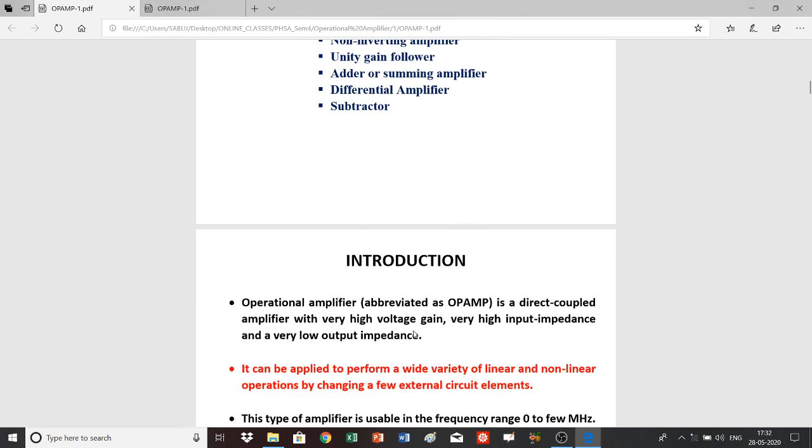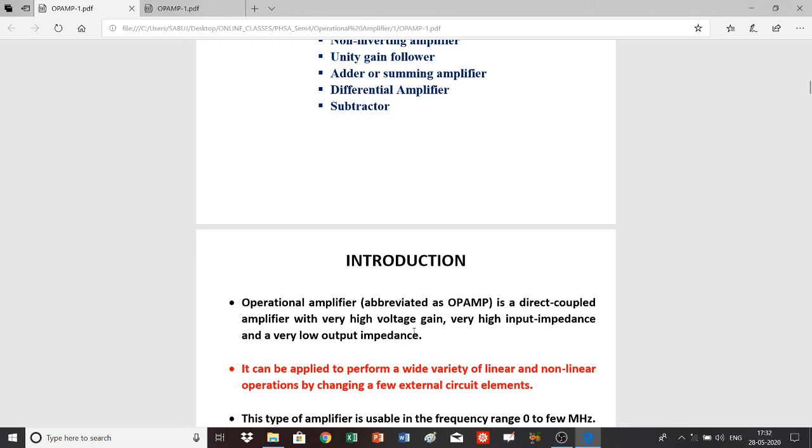Now, introduction section. Operational amplifier, which is abbreviated as OPAMP, is a direct coupled amplifier with very large voltage gain, very high input impedance, and very low output impedance.